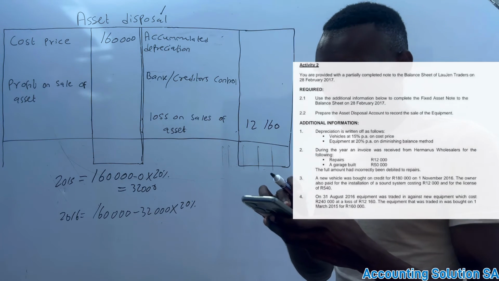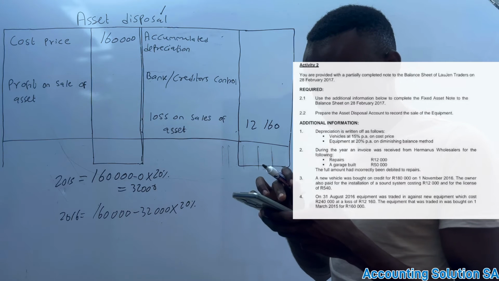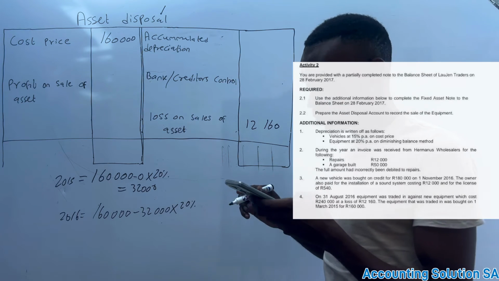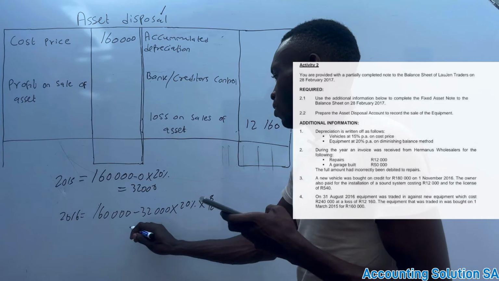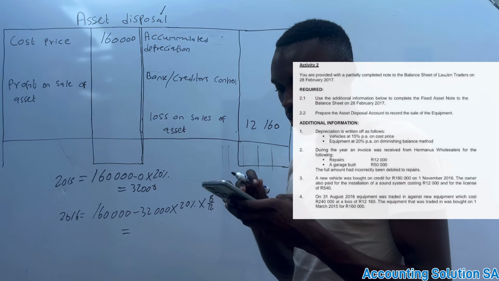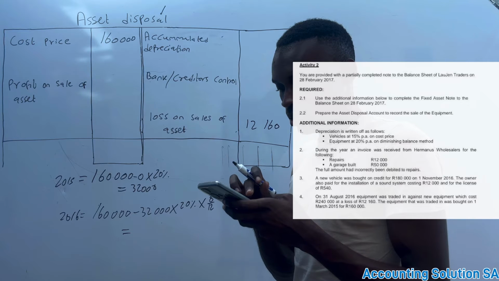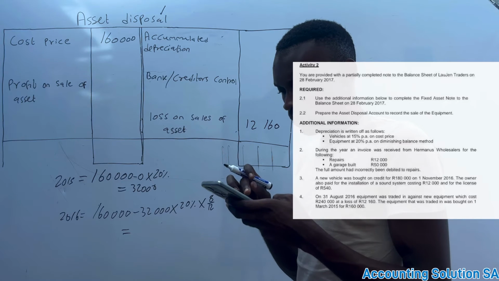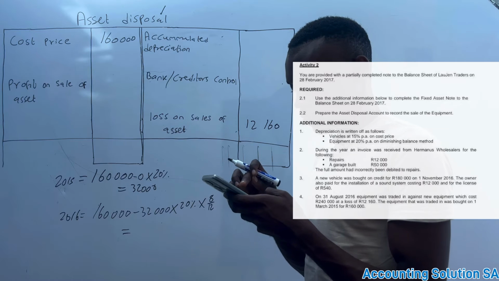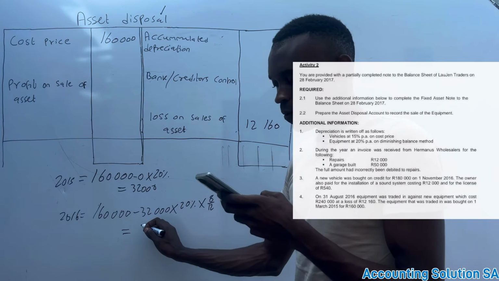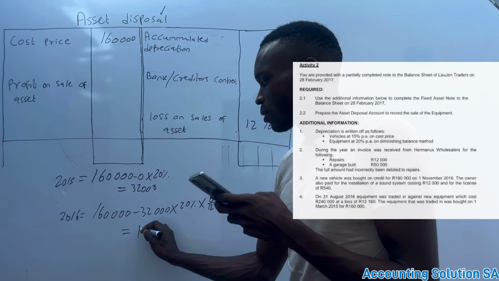But remember, we also need to multiply by how many months? Up to 31 August is 8 over 12. Then we're going to get the depreciation for this year. Multiply by 8 over 12.